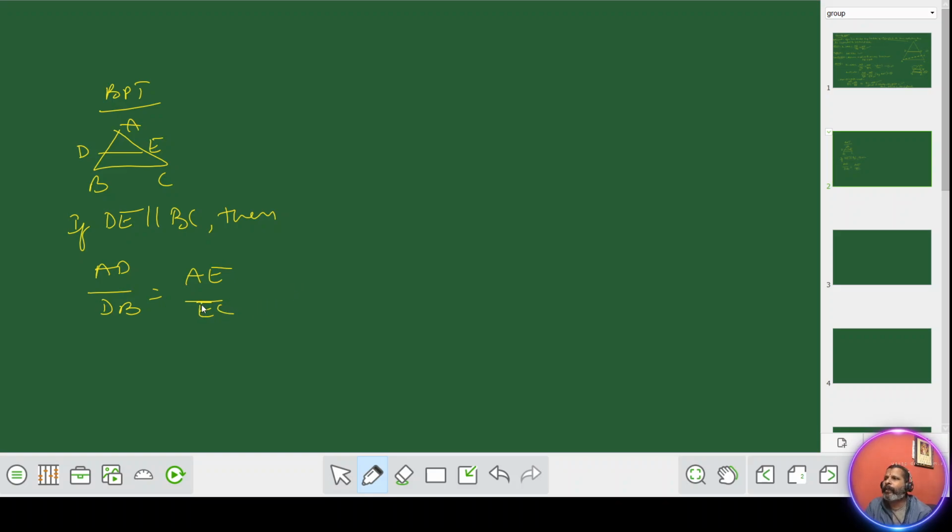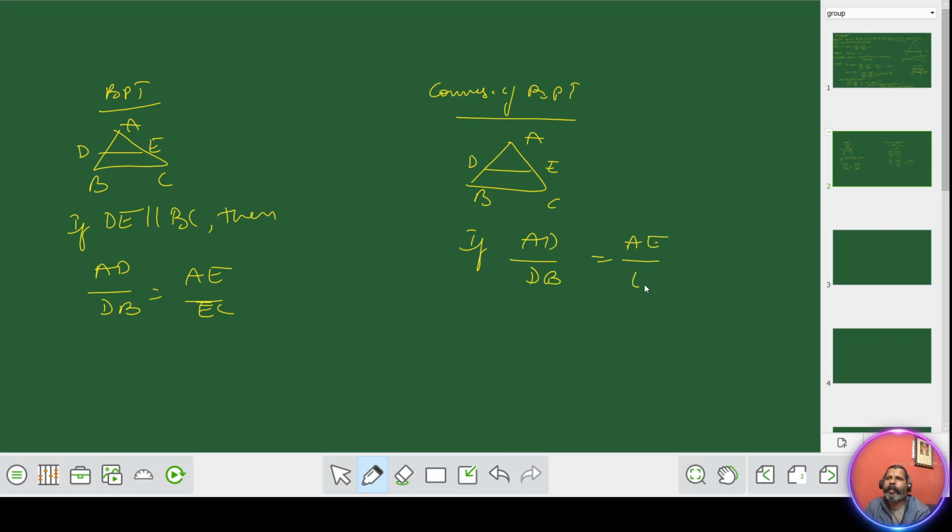The converse of BPT, on the same triangle, says: if AD by DB equals AE by EC, then DE is parallel to BC.